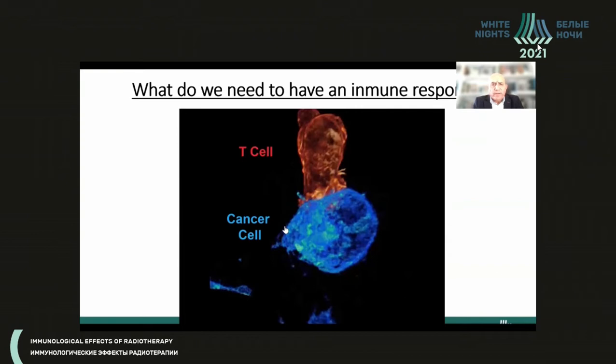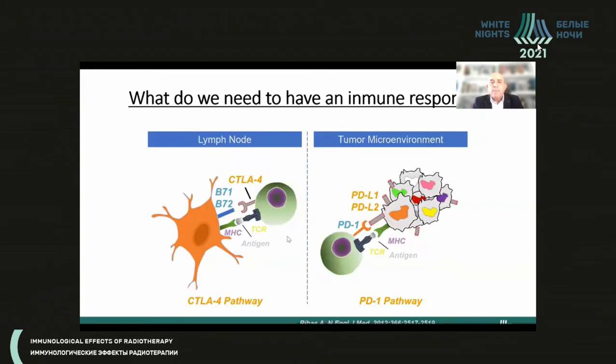But in order to understand all of this, we have to ask ourselves, what do we need to have an immune response in the human body? And the answer is simple. Basically, we need two factors. One is the cancer cell, of course, the antigen, and the other is the T cell. But of course, things are not so easy in the real world.